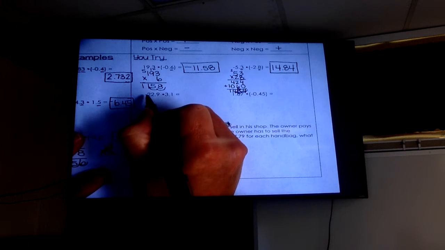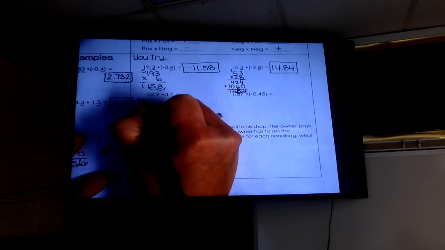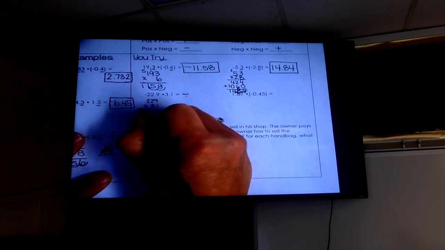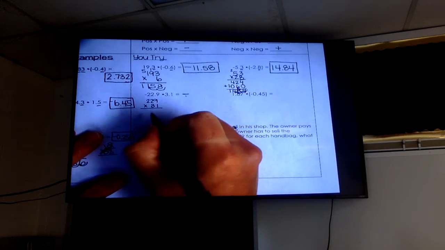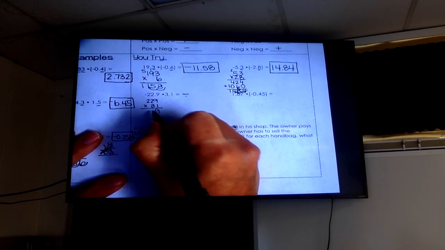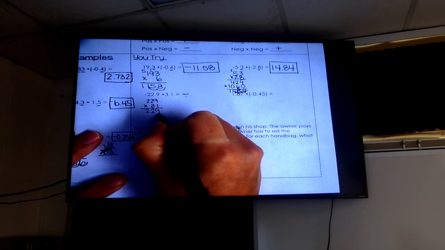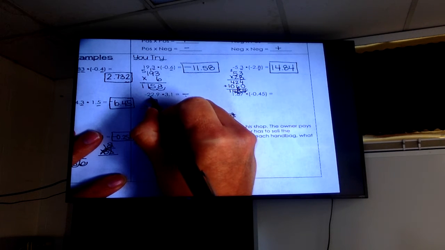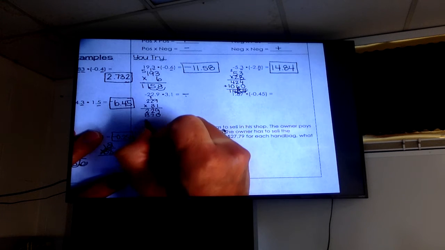All right, again, a negative times a positive is a negative. So I'm going to rewrite this as 229 times 31. I'm going to multiply. 1 times 9 is 9. 1 times 2 is 2. 1 times 2 is 2. Bring down my 0. 3 times 9 is 27. 3 times 2 is 6, plus 2 is 8. 3 times 2 is 6.